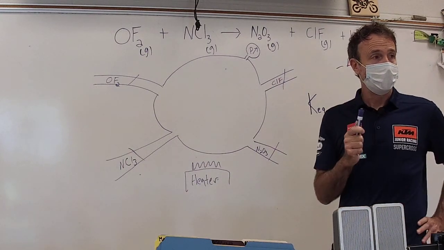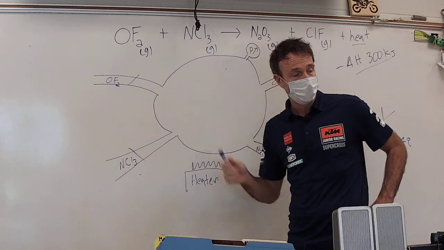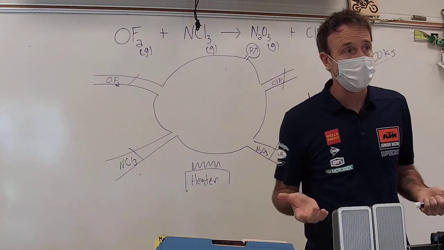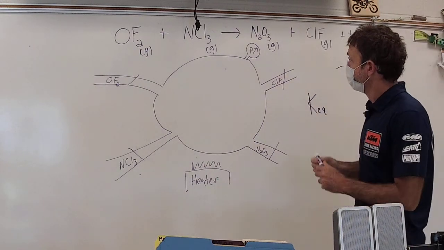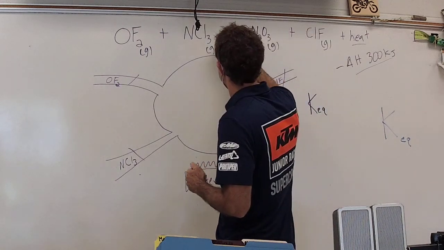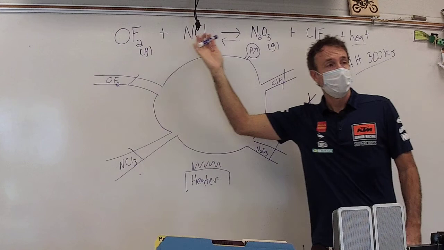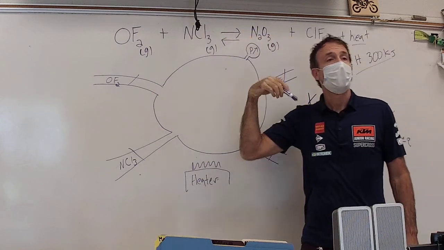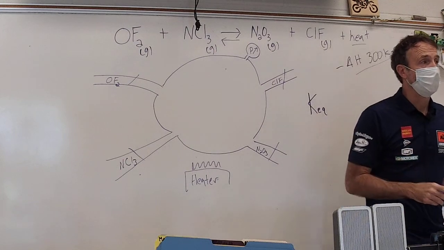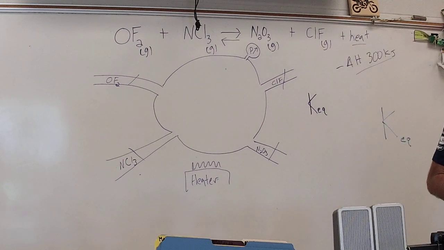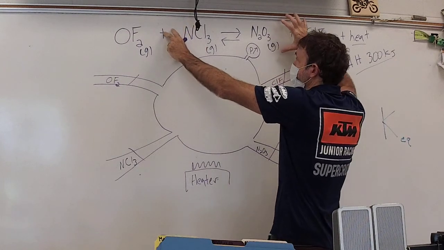And what that is, when this reaction is happening in this tube and it is at equilibrium, that means that the reaction is going both forward and backwards at the same rate. That's what equilibrium means.